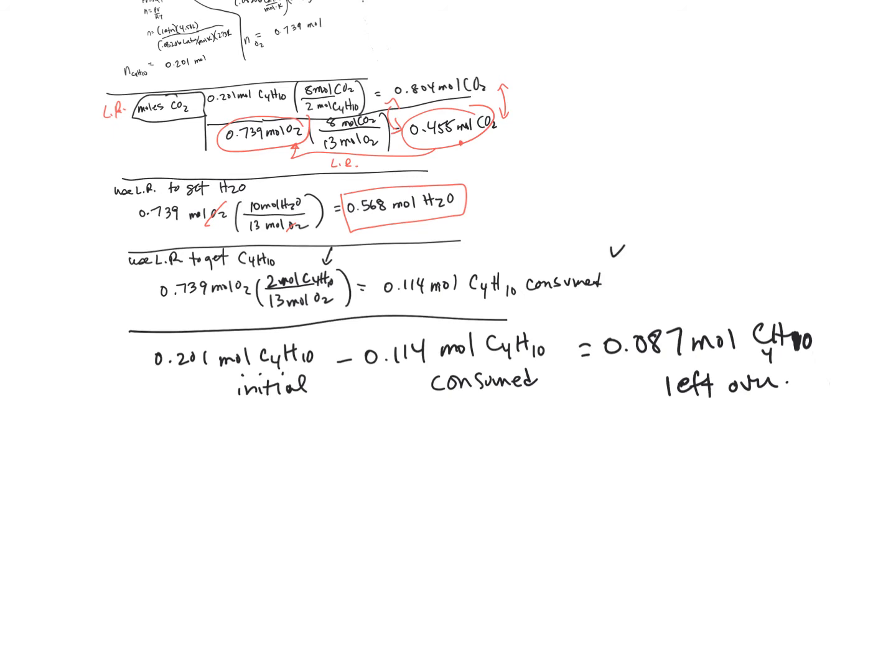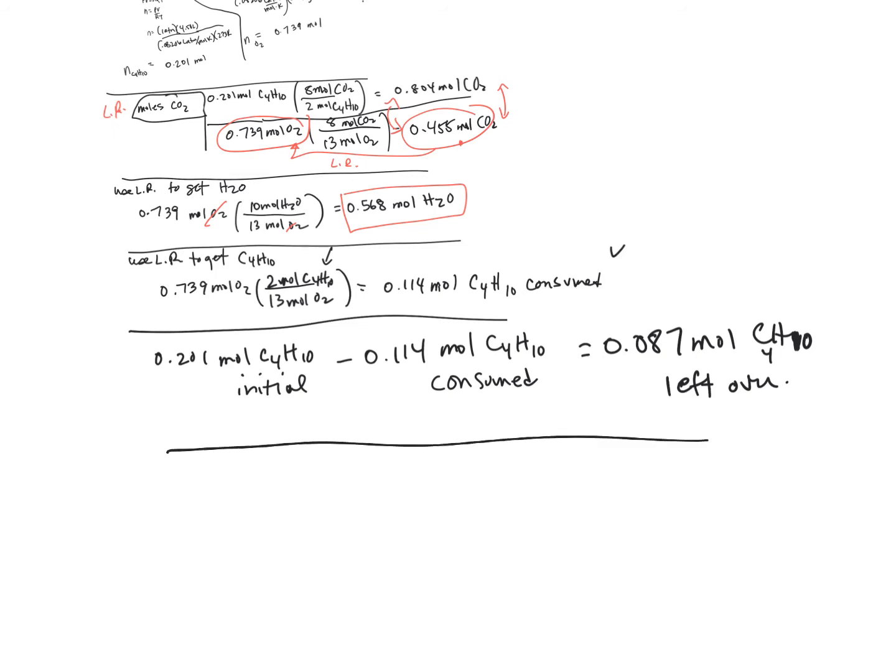Now the question is, what are the partial pressures of CO2 and water? And then also we can get the total pressure by adding them together. There's a couple ways you could do this, but let's go ahead and use the partial pressures because it's asked for that.